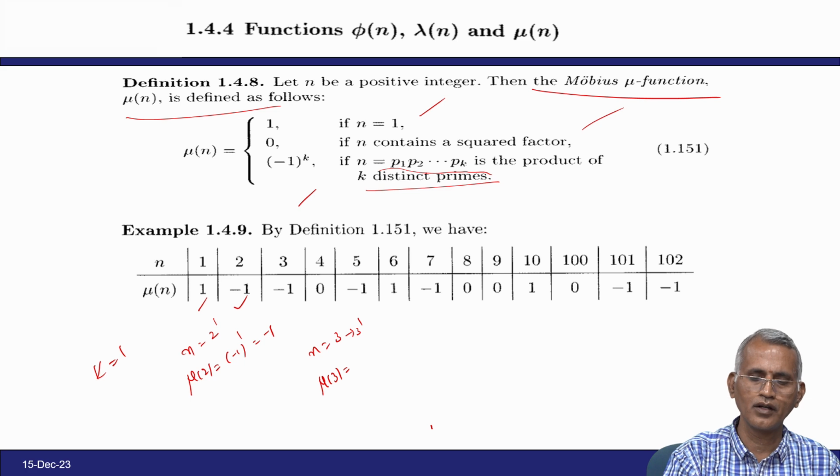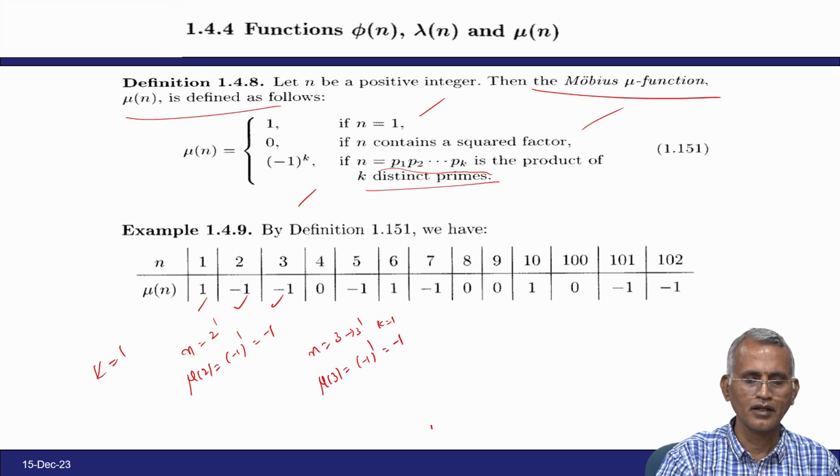Here k equal to 1, therefore minus 1 whole power 1 equal to minus 1 is coming. If n equal to 4, this can be written as 2 square, therefore it contains a square factor, so mu of 4 equal to mu of 2 square, therefore it becomes 0.